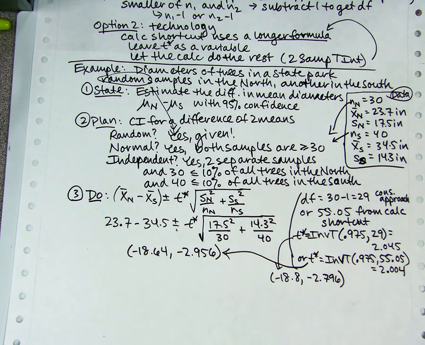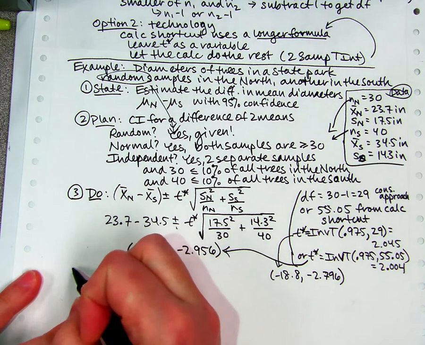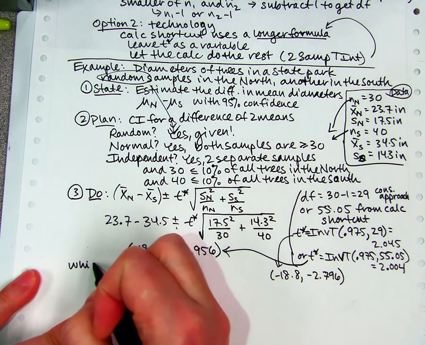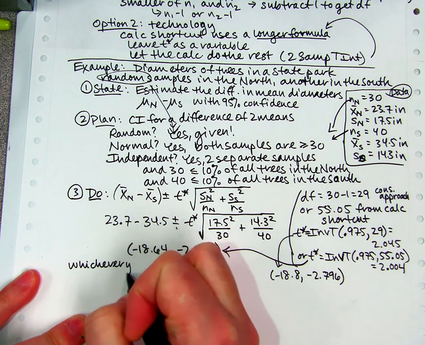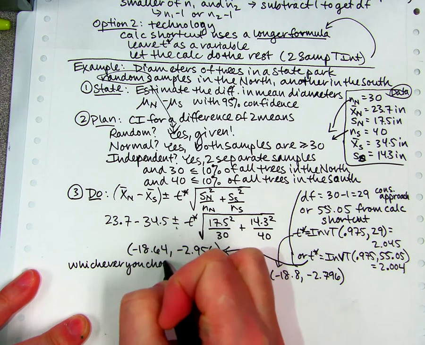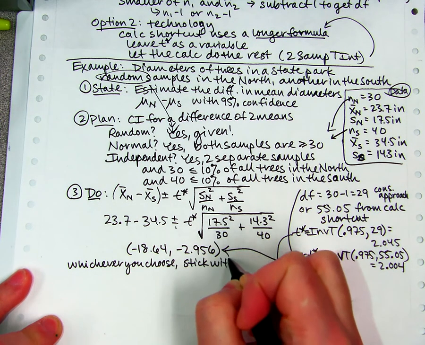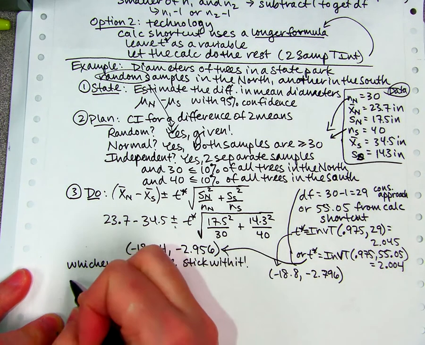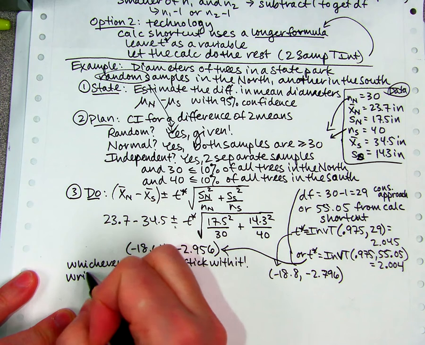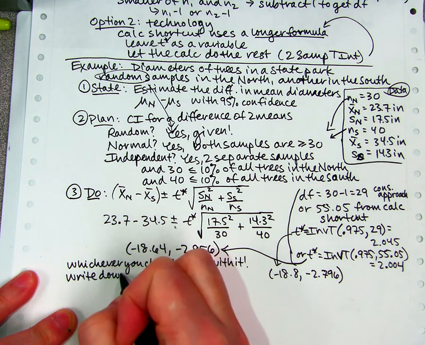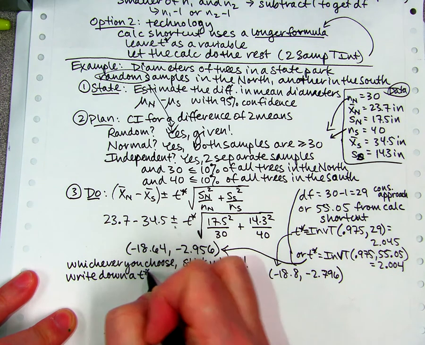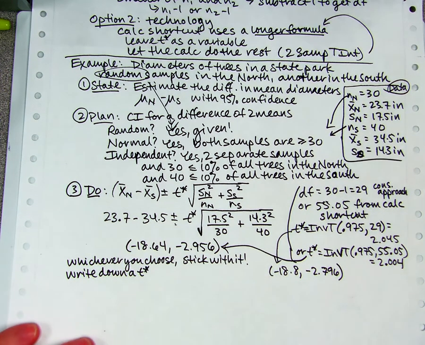And it's just crazy. So whichever one you choose, this is what I want to say, whichever you choose, stick with it. Because if you write down a T star, if you don't write down a T star, it's fine. I would say just don't write it down.